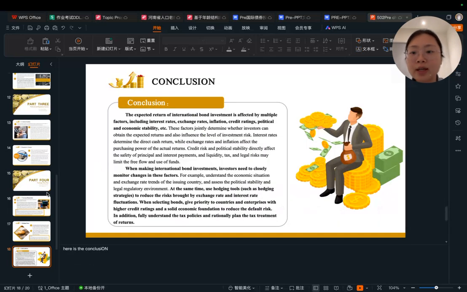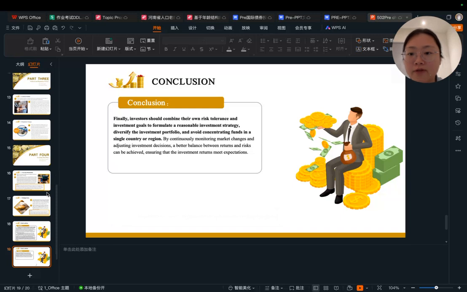In conclusion, the expected return of an international bond investment is affected by multiple factors, including interest rates, exchange rates, inflation, credit ratings, political and economic stability, and so on. When making international bond investments, investors need to closely monitor changes in these factors.